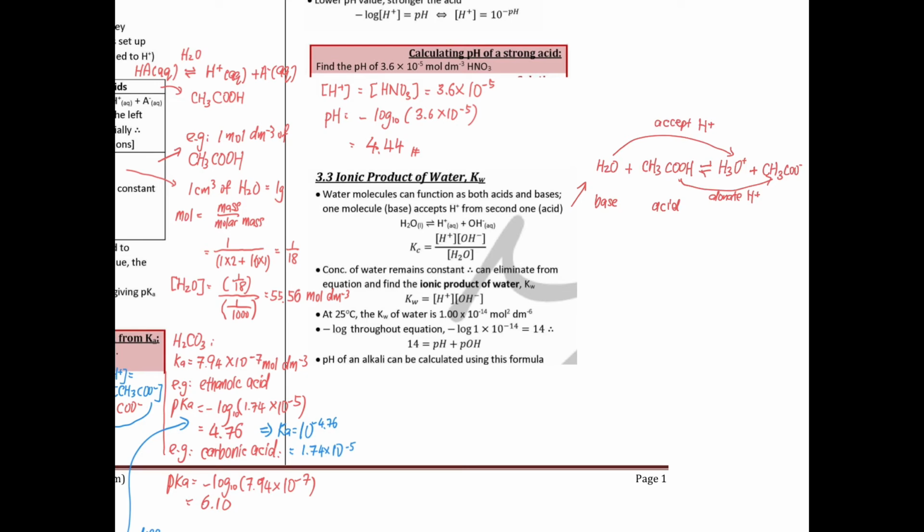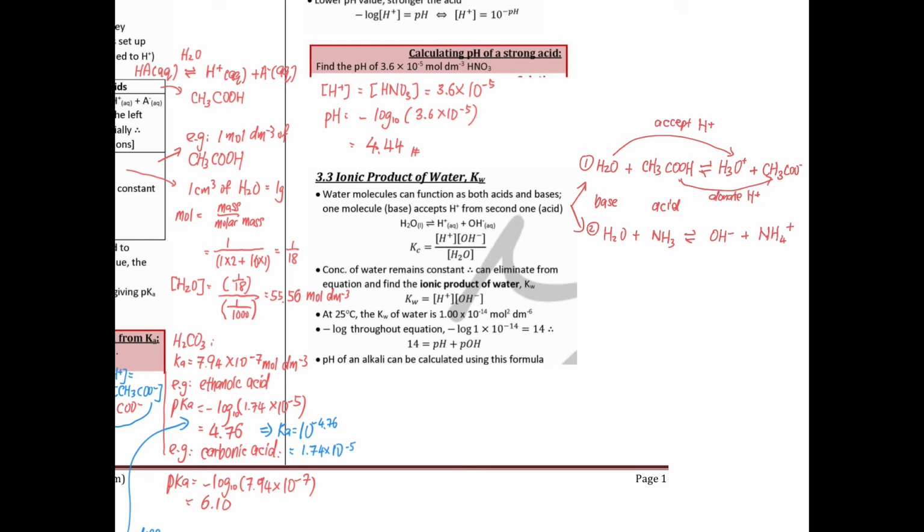I call this 1. Now I give you another example. Equation 2: water reacts with ammonia. The ammonia will take the hydrogen ion from water to form ammonium ions.